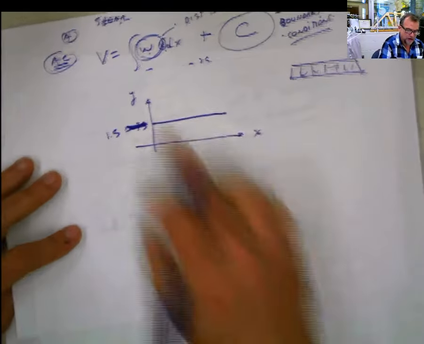Now remember, what is c? C is the value of shear at the beginning of the span. I'm going to keep writing this so you repeat it, and somehow that gets implanted in your brain. And remember, you read that from the shear diagram, it's obvious.